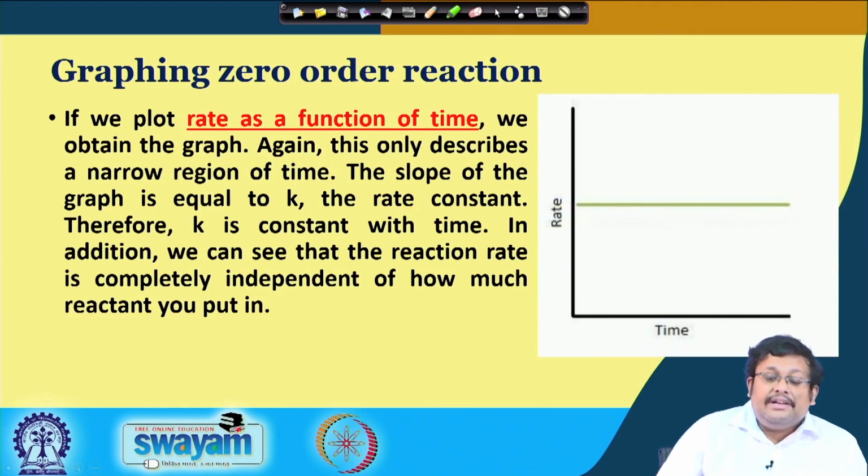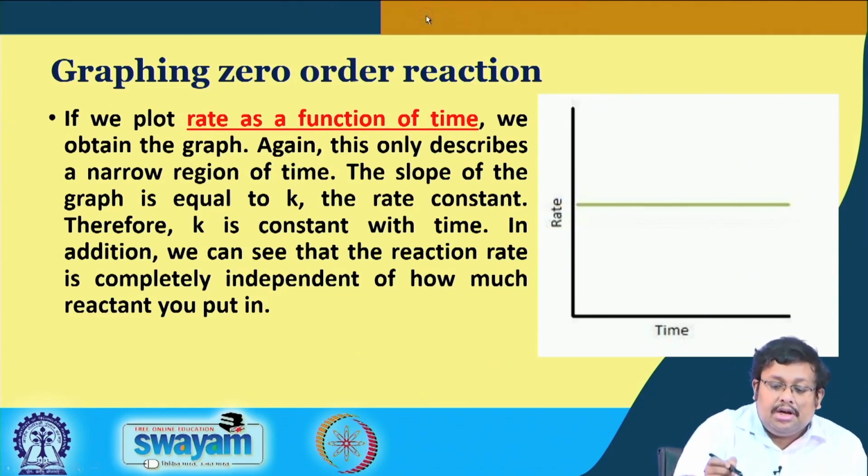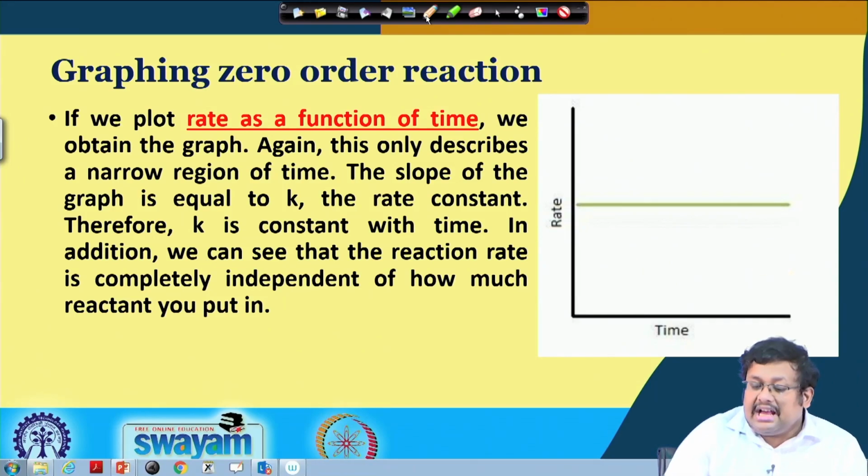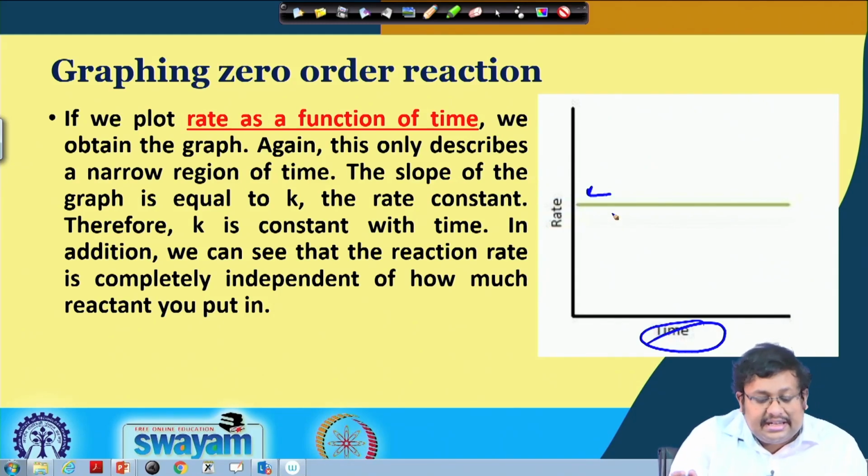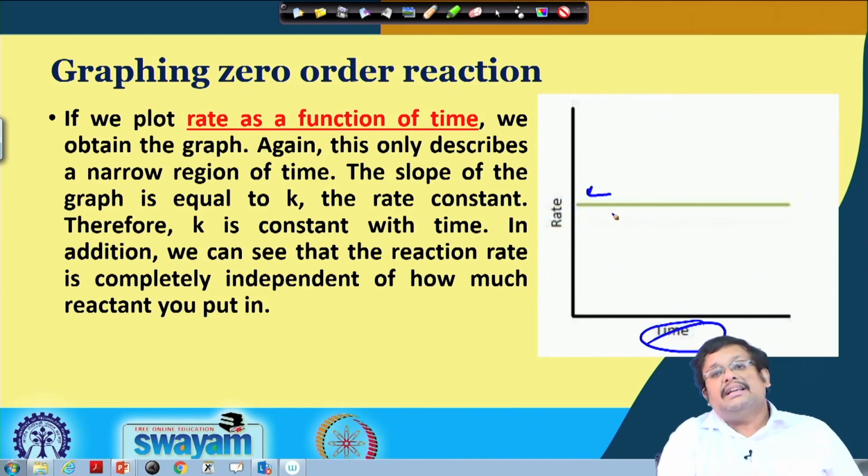If we plot the rate as a function of time, we obtain this graph. We know that it is a straight line. Again, it only describes a narrow region of time, and the graph is equal to k, the rate constant. Therefore, k is constant with time. In addition, the reaction rate is completely independent of how much reactant you put in.